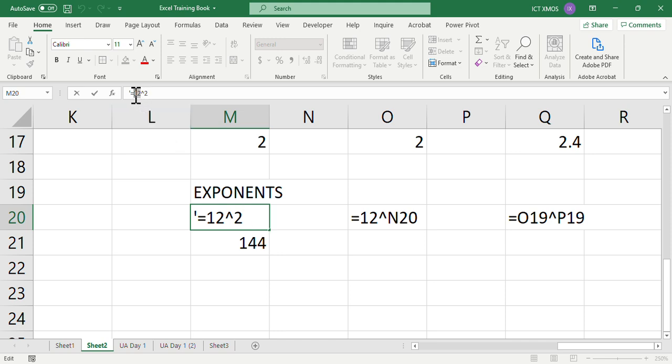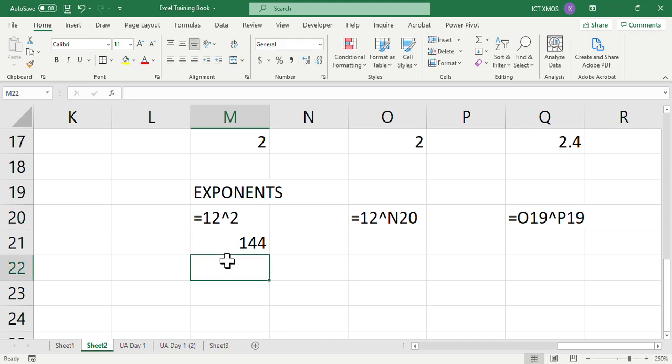The power is the number of times you repeat the number: raise 12 two times. So what you are having here, without raised to power, is 12 times 12, 12 in 2 places. That's what it means. This is raised to power 2.